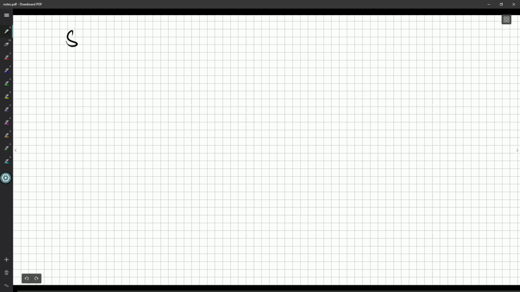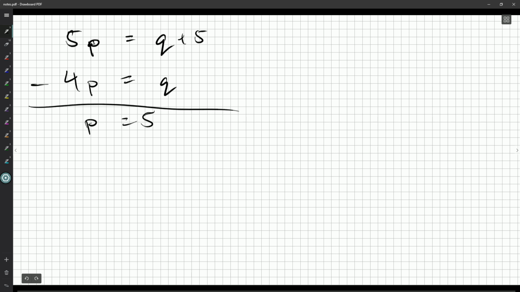There we go. So 5P is equal to Q plus 5. And then 4P is equal to Q. Subtract those. P is equal to 5. And so if P is equal to 5, then plug it back in here. Q is equal to 20.